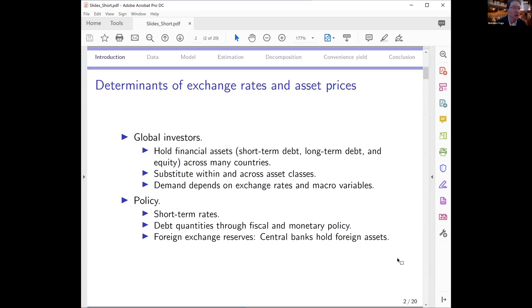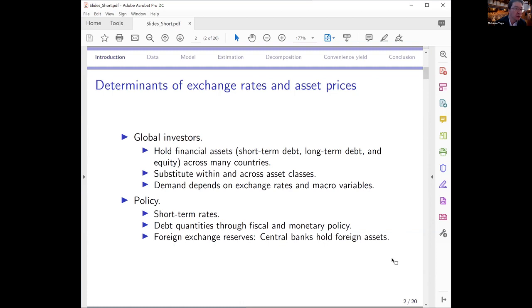So in this paper, we're thinking about determinants of exchange rates and asset prices together. There are two key players in the way we're thinking about exchange rates. There are global investors that hold financial assets across many asset classes and across different countries, who can substitute both within and across asset classes.